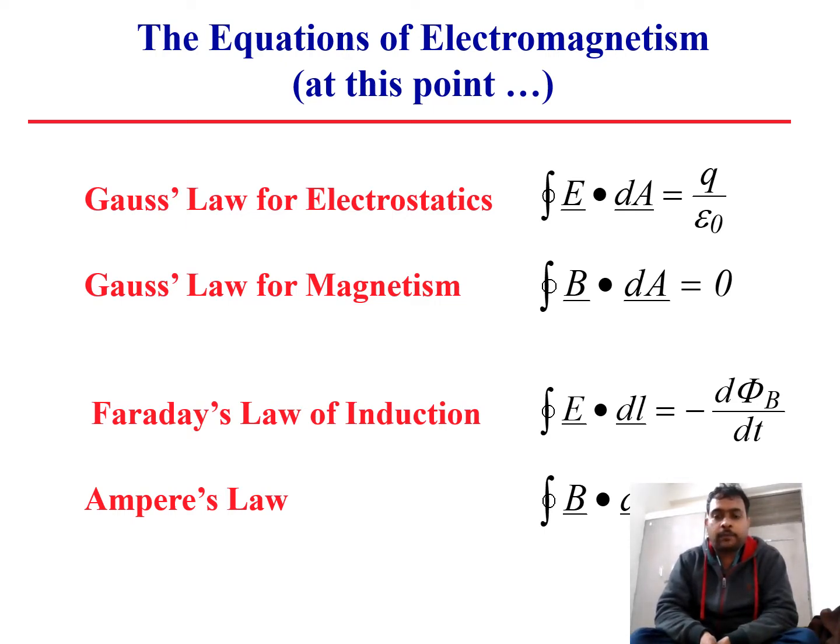Flux of magnetic field is equal to 0. And Faraday's law of magnetic induction states that the line integral of electric field is equal to the rate of change of magnetic flux. The negative sign is due to Lenz law.